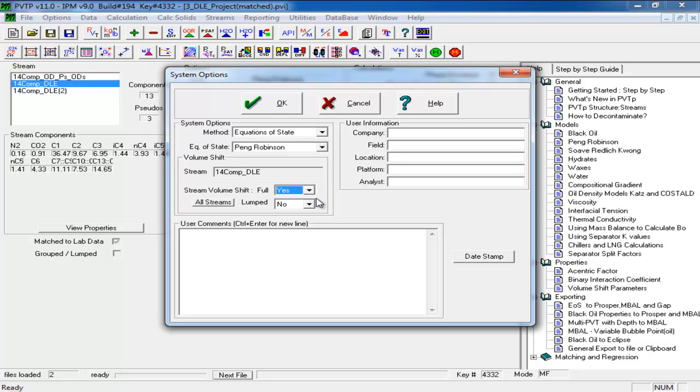And oil density, if we want to match it, then we need volume shift. Then we will have the right volume. Then when we calculate density, M over V, we will have the right volume, then we will have the right oil density.